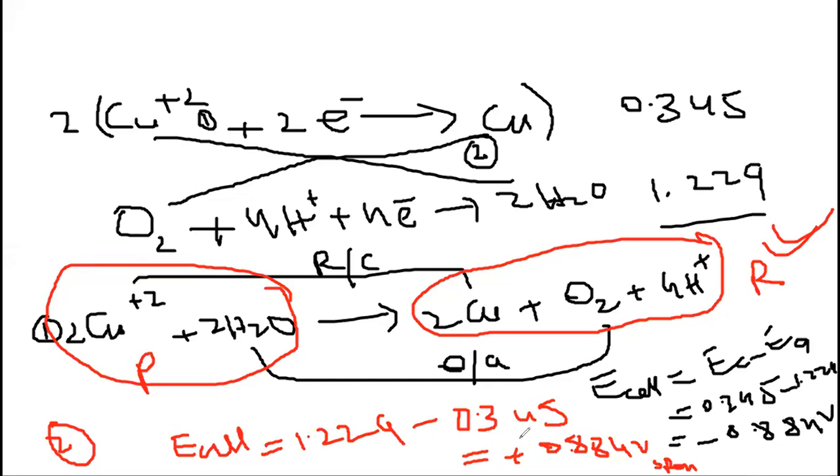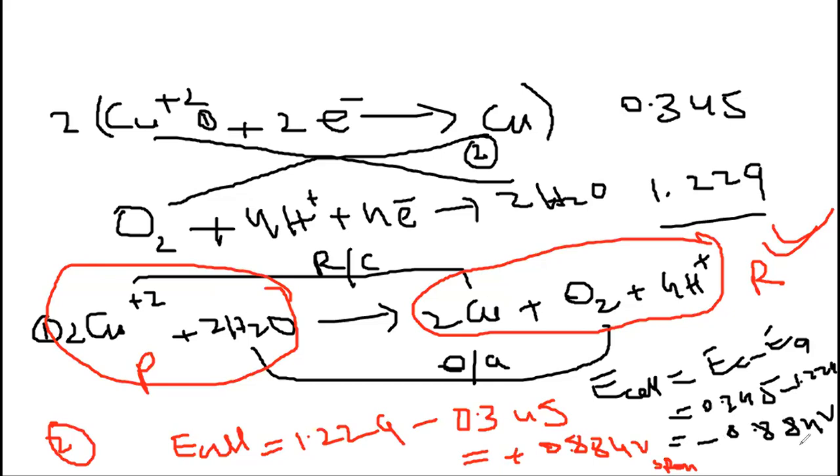A positive sign is giving you the information that you are getting the energy. That means the reaction is spontaneous, that's why you are getting the energy. And the minus sign means you have to provide the energy if you want this reaction to convert into this form. So this first one is the potential.